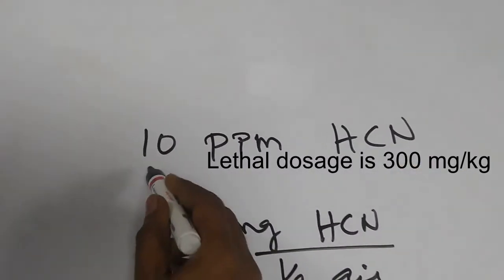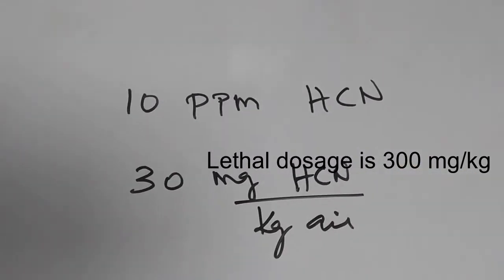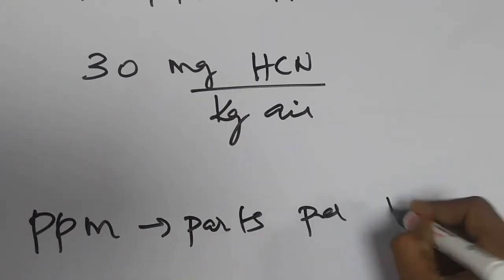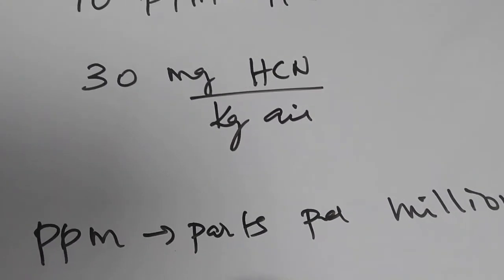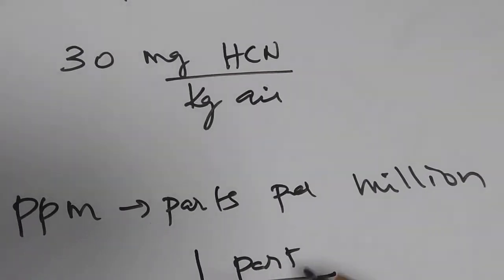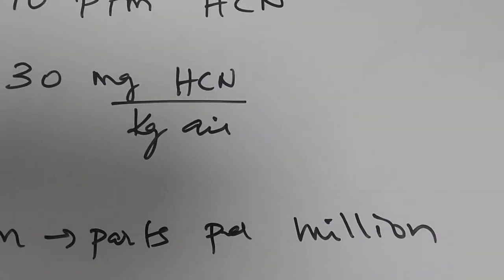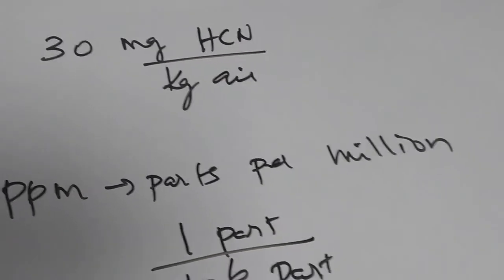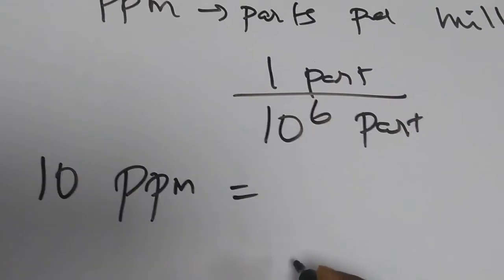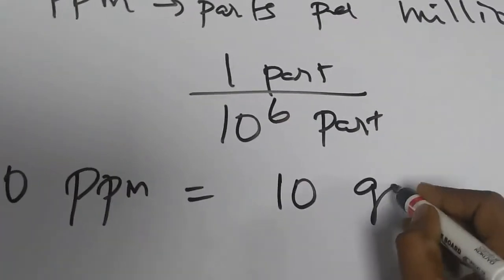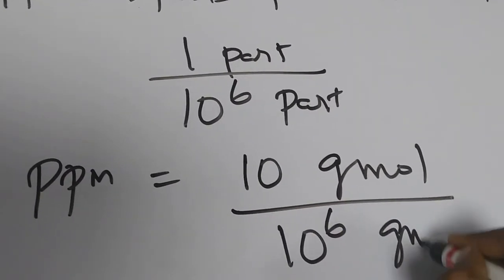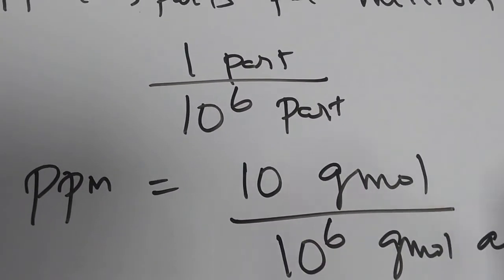So first let us take this 10 ppm. What is ppm? Parts per million. That is 1 part by 10 power 6 parts. So this part can be gram moles. So 10 ppm is equal to 10 gram moles divided by 10 power 6 gram moles of air.